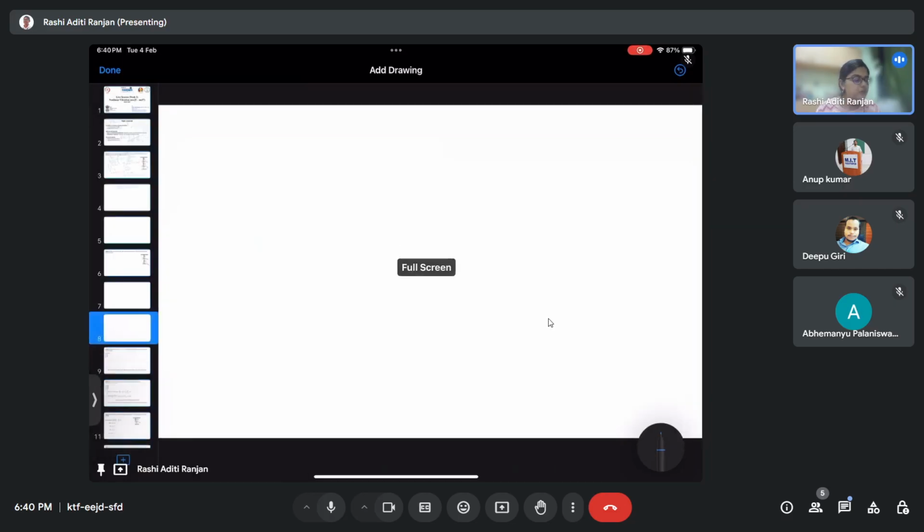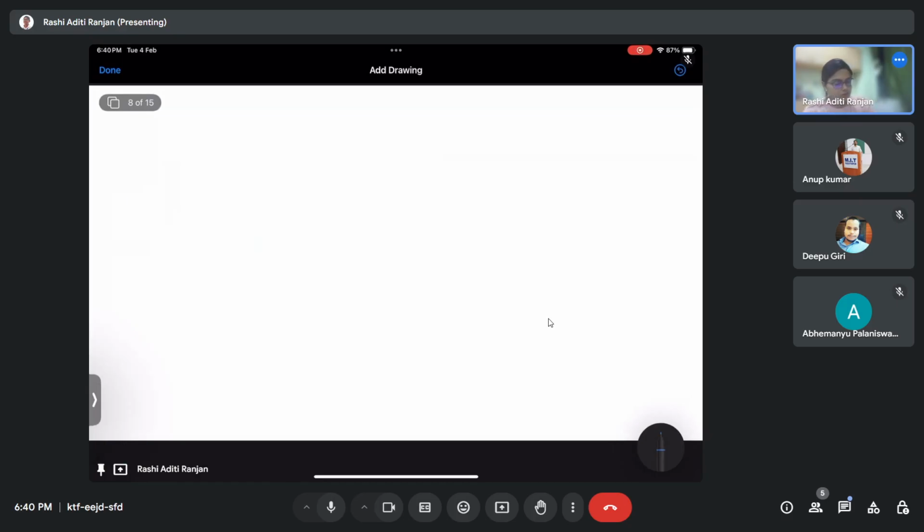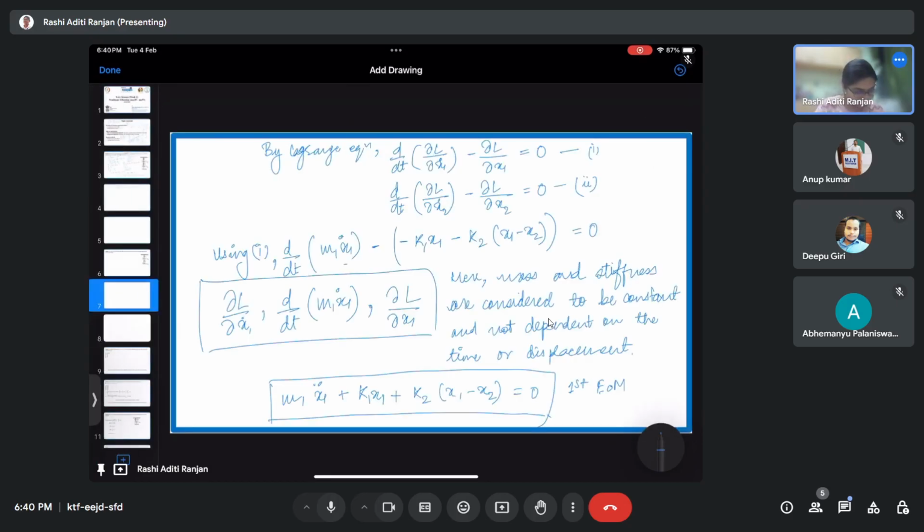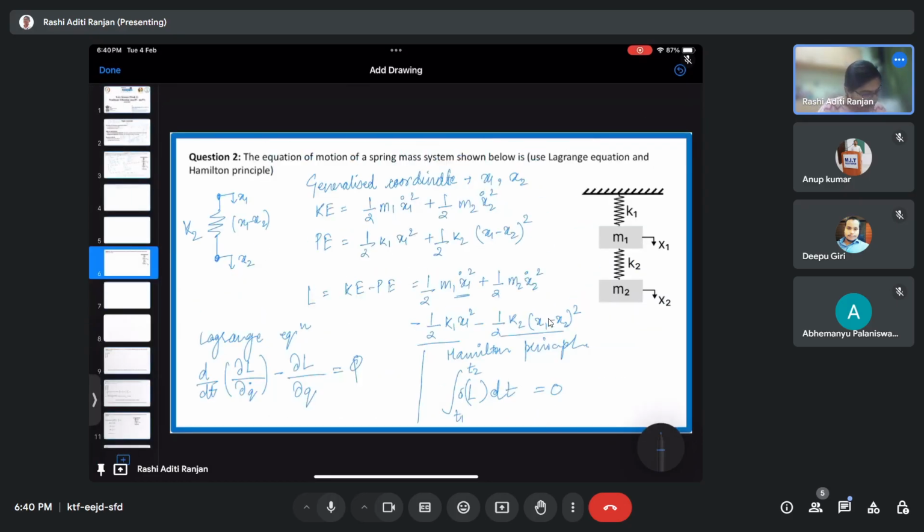For the second equation of motion, we're going to have d by dt of m2 x2 dot, similar to what we did earlier, minus, okay, here if we differentiate this, we are going to have half, okay, k2 (x1 minus x2) into minus of x2, minus of 1.